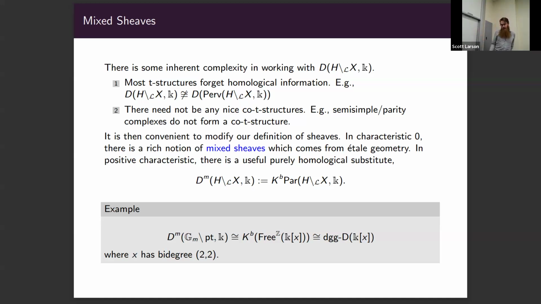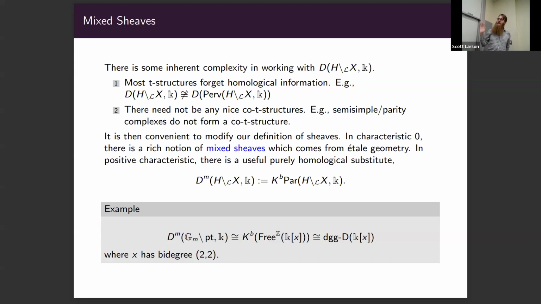So what I want to do then is this artificial, purely homological definition where I will bring a version of the derived category into existence that just uses semisimple or parity complexes.